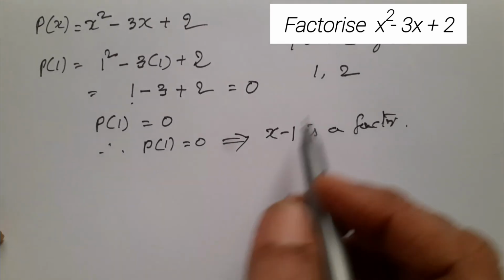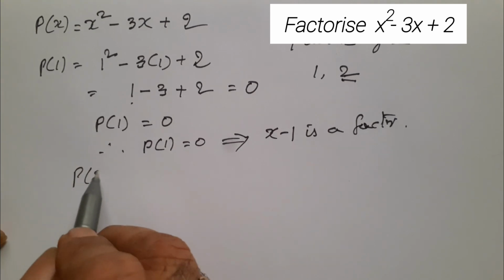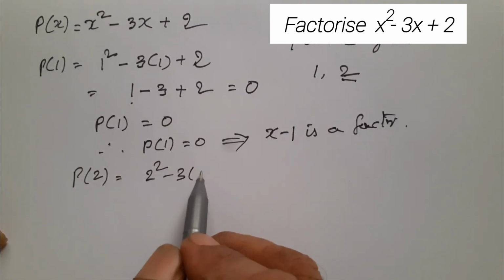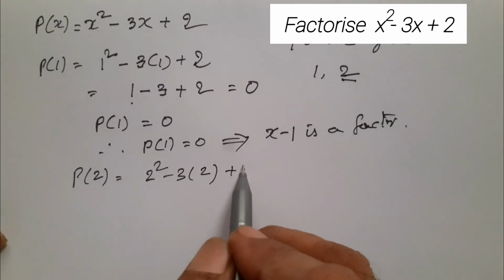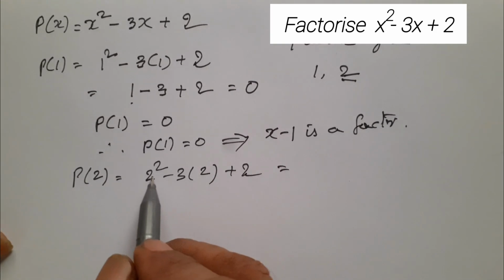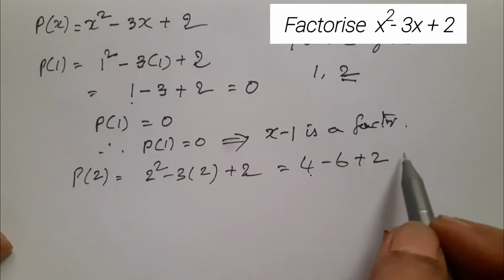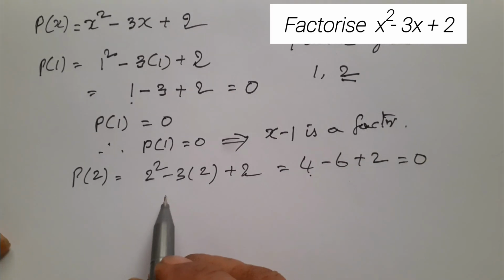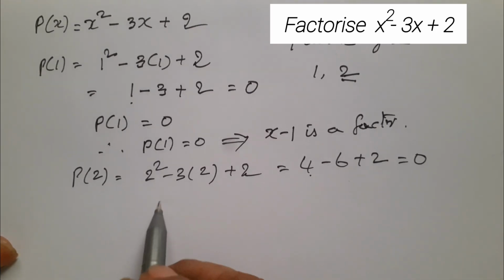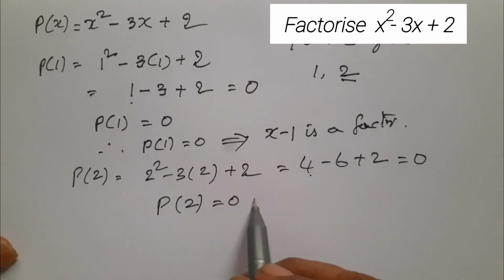Now you replace x with 2 and find p(2). p(2) equal to 2 square minus 3 into 2 plus 2. Then we get 4 minus 6 plus 2. Here 4 plus 2 is 6, 6 minus 6, 0 we get. So p(2) also equals 0.